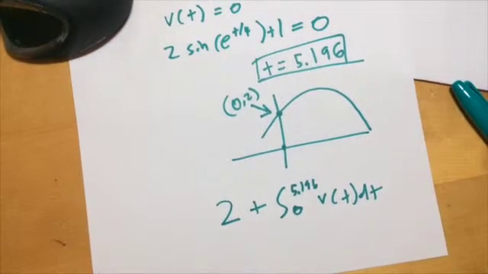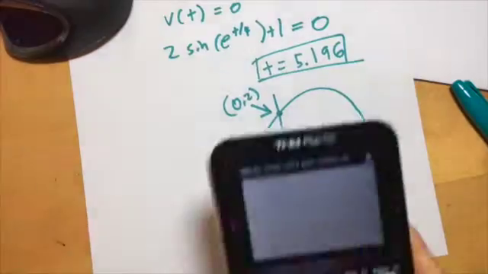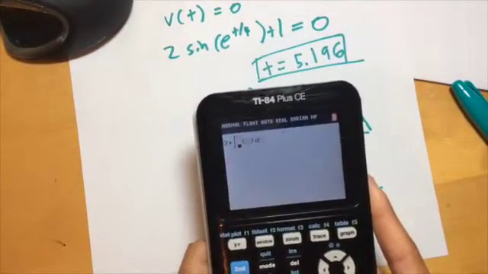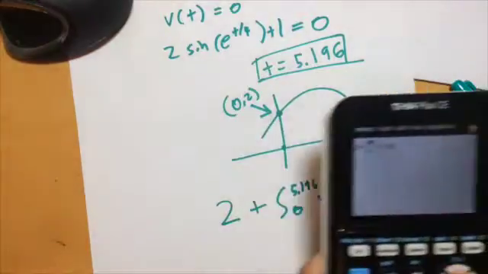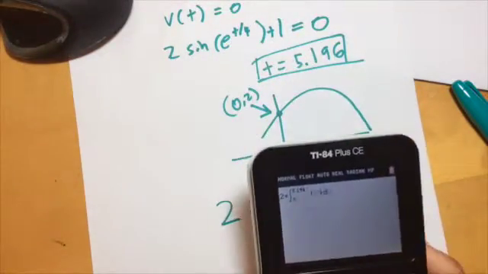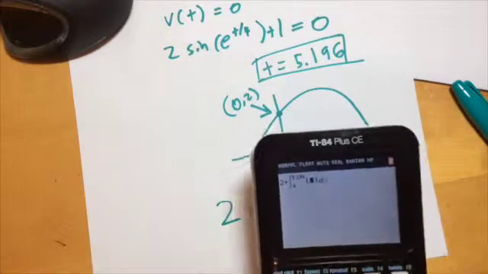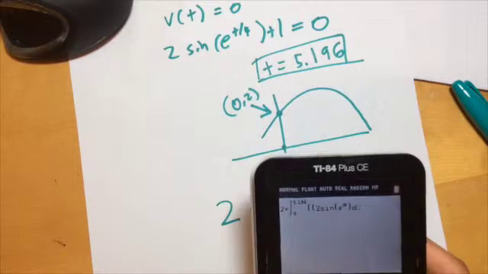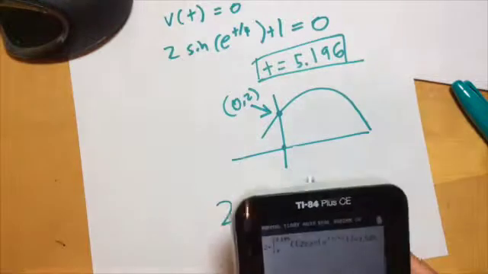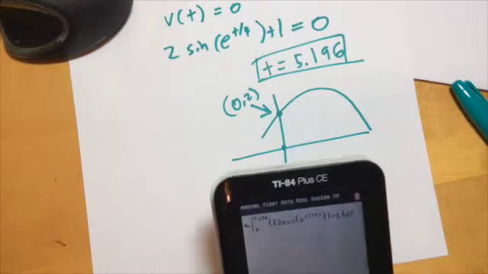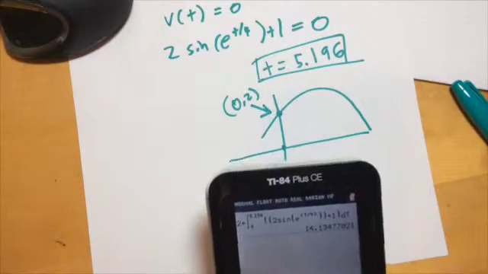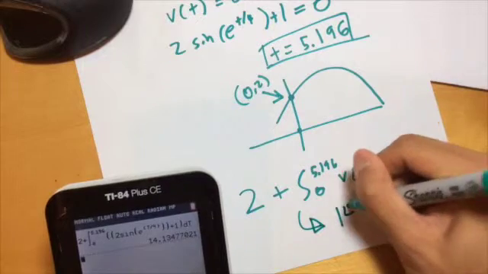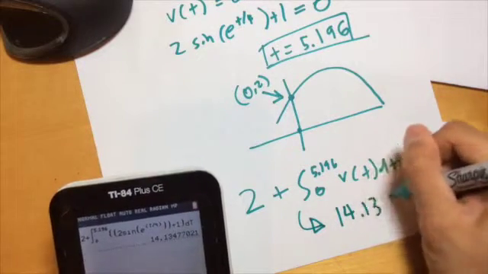Now that we know the equation, we can plug it into the calculator. So 2 plus math 9, 0 to 5.196 of this would give us an answer of 14.135.